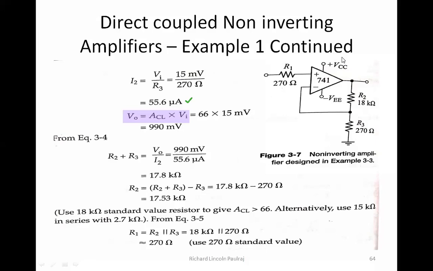Sir, it is mentioned in the question. Correct. So ACL was already given, right? We need that ACL to be approximately 66. So we are taking that value here, 66, and the input voltage, as we know, is 15 millivolts. So are we getting 990 millivolts? Just check.